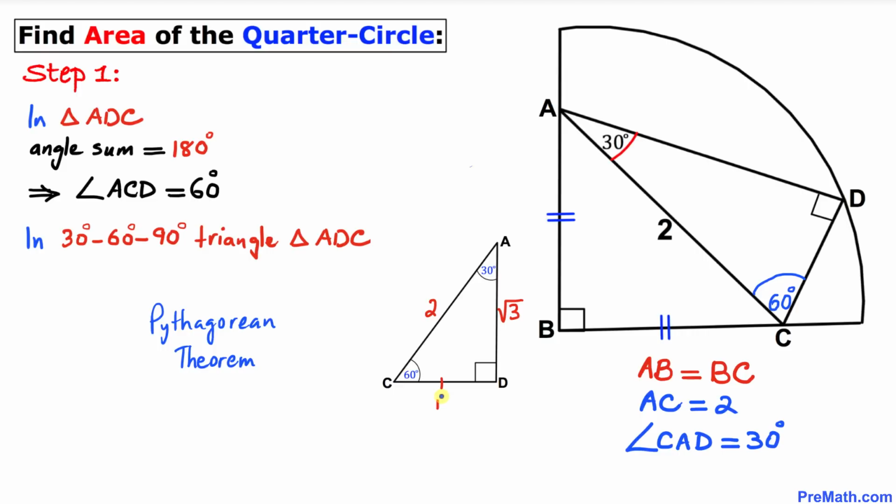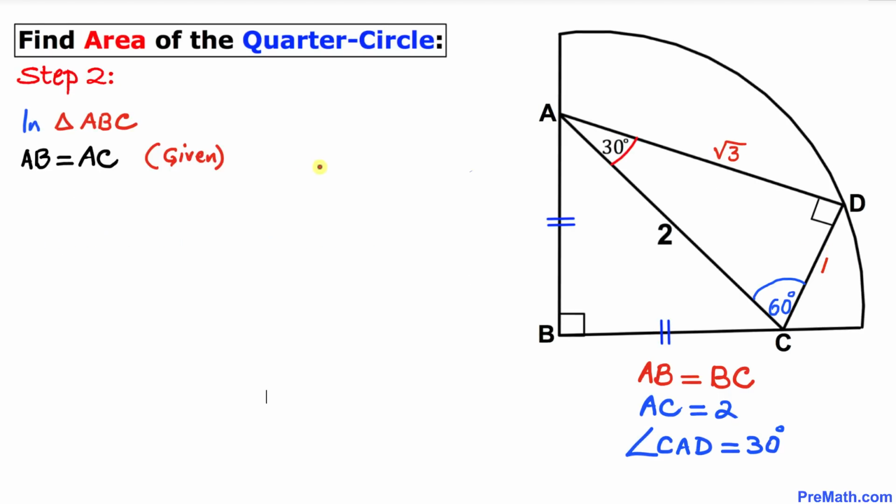This is always the case, 1, 2 and square root of 3, and this could be proven through the Pythagorean theorem. So in this triangle, this side is going to be square root of 3 and this side is going to be 1.